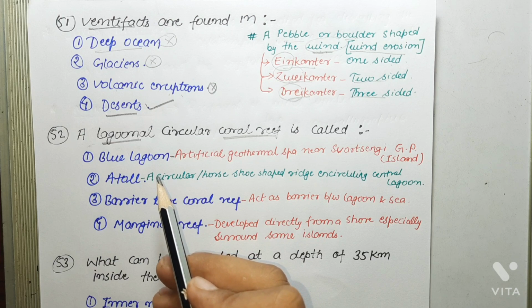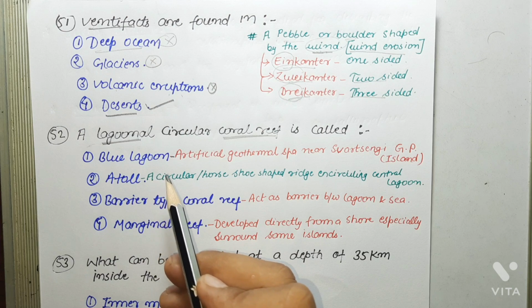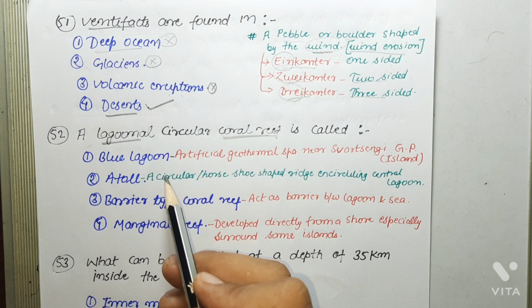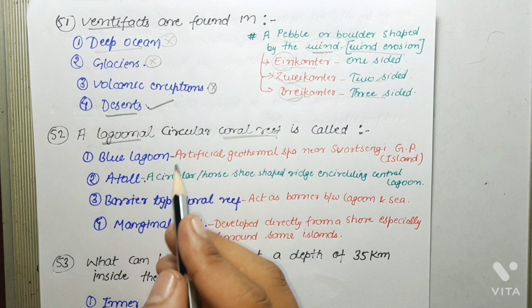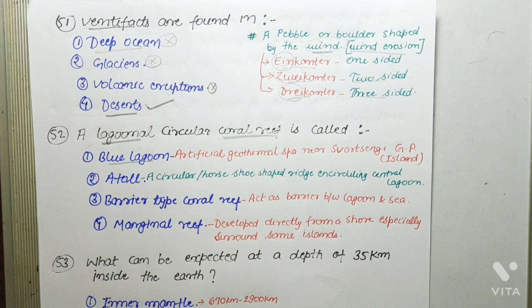Okay, fringing reef, barrier reef and atoll are the sequence of successive growth of coral reef around a sinking or rising island. We will describe it in descriptive videos. So first of all, let's go through the options. Number one is Blue Lagoon. Now what is Blue Lagoon?